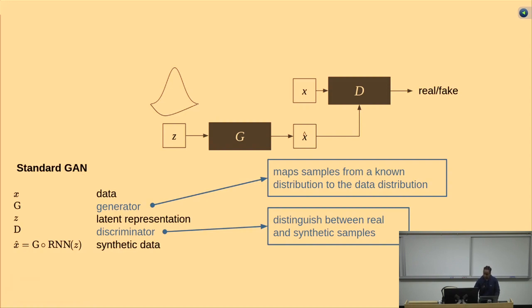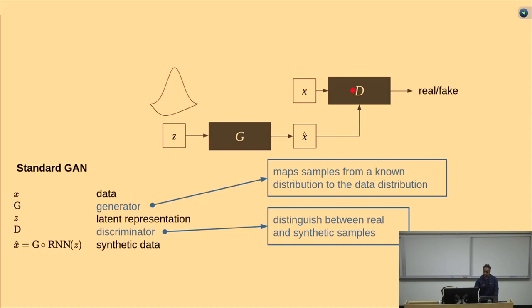So here's a cartoon of a GAN where we have examples X from the data set, and we also have synthetic samples X hat that are produced by a generator which acts on a random sample Z. And these samples, the true samples and the fake samples, are passed to a discriminator, which is tasked with predicting whether they came from the data set or whether they were synthetically generated.